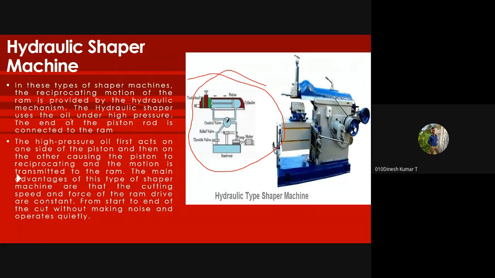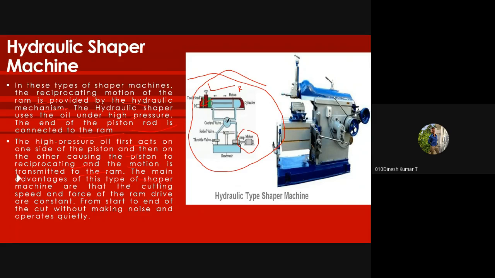Oil is sucked by the gear pump and delivered under high pressure. The end of the piston rod is connected to the ram, so the cutting operation is performed. The high pressure oil first acts on one side of the piston, then on the other, causing the piston to reciprocate, and the motion is transmitted to the ram.